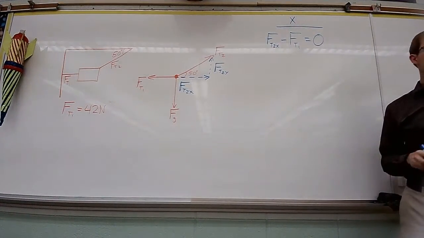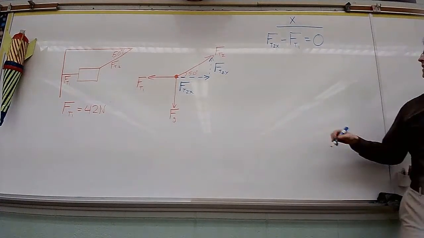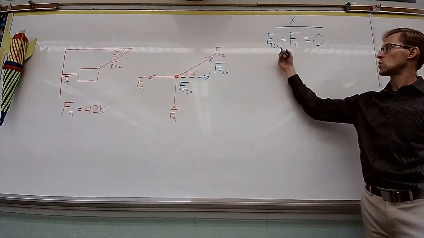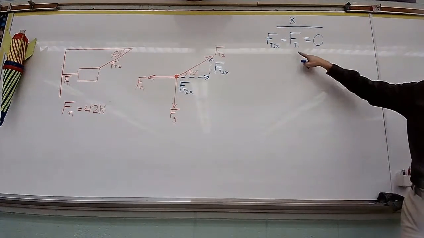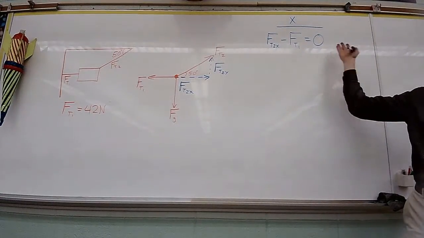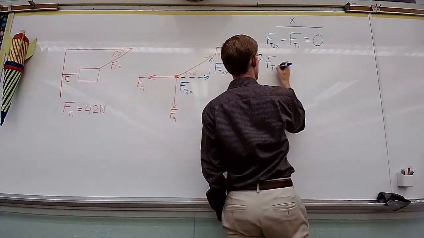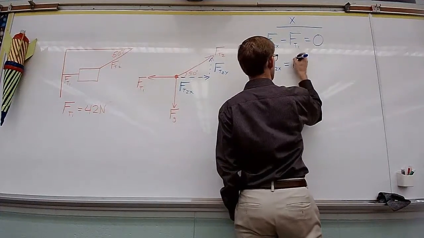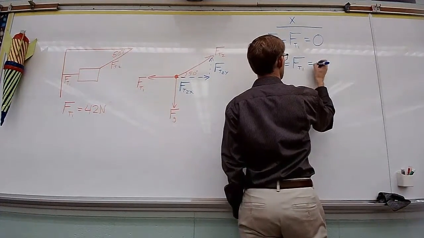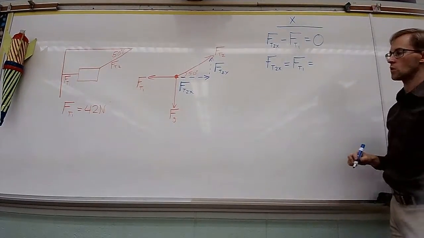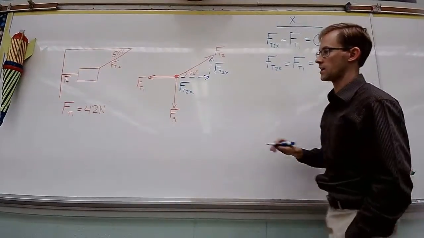And you can kind of see where this is headed. If I want to solve for Ft2x, all I have to do is put Ft1 on the other side. You can see that they're both going to be the same number. And of course, Ft1 is given to us, 42 newtons right there.